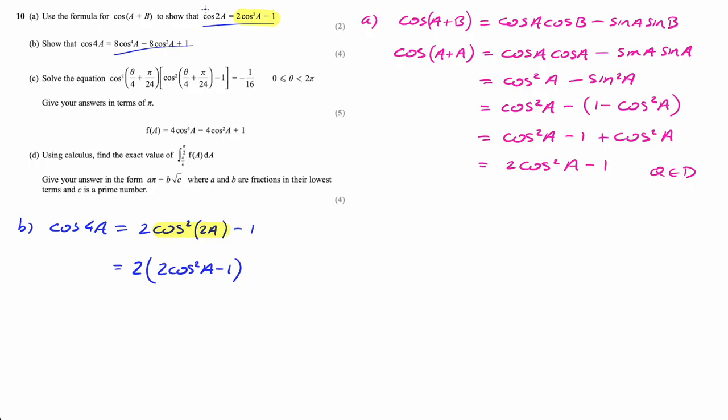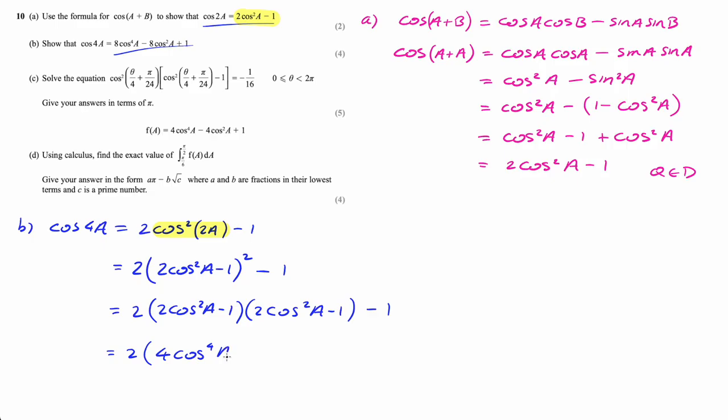So cos 2a squared is this squared, like that. So this is squared minus 1. And then this becomes 2 cos squared a minus 1 times 2 cos squared a minus 1, and then minus 1 at the end, and this equals 2 times, okay, this times this is 4 cos to the 4a, which I want.